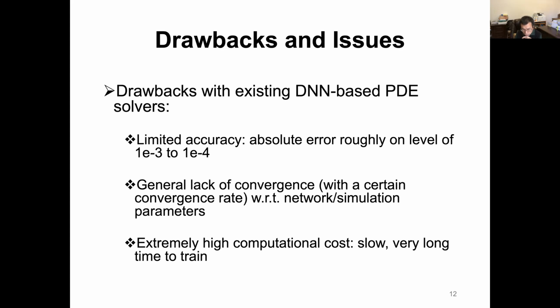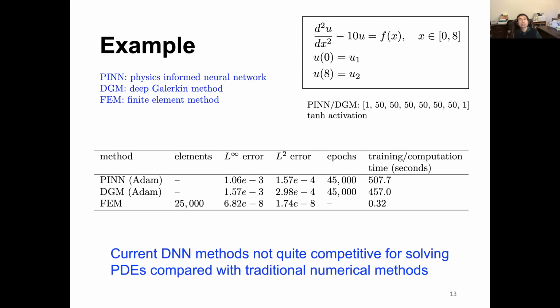Let me use an example to illustrate this point. This is a 1D Helmholtz equation, computed using PINN and DGM trained by Adam, as well as the classical finite element method. This table shows the maximum error, L infinity, L2, the number of epochs, as well as the training time. With PINN and DGM, the error level is around 10 to the -3 or 10 to the -4, and the training time is several hundred seconds, 400 to 500 seconds.